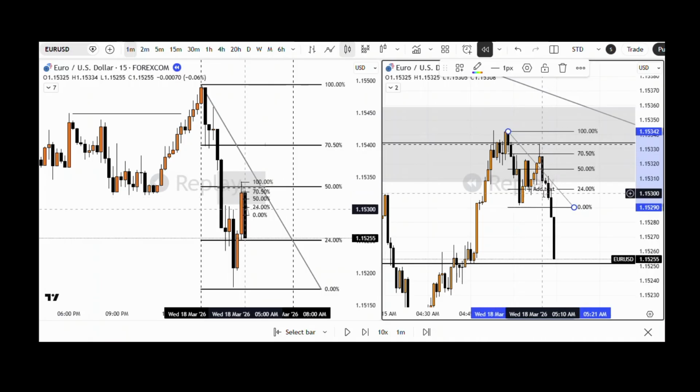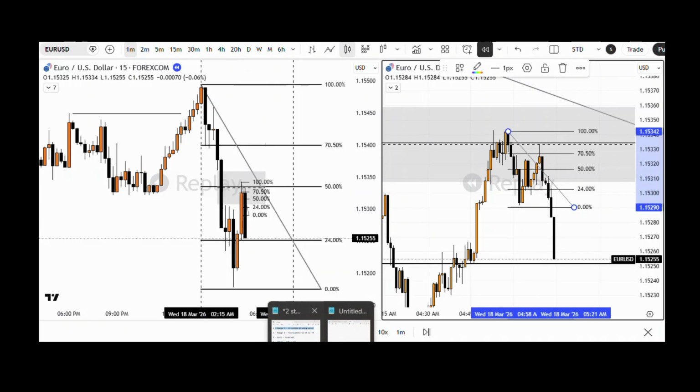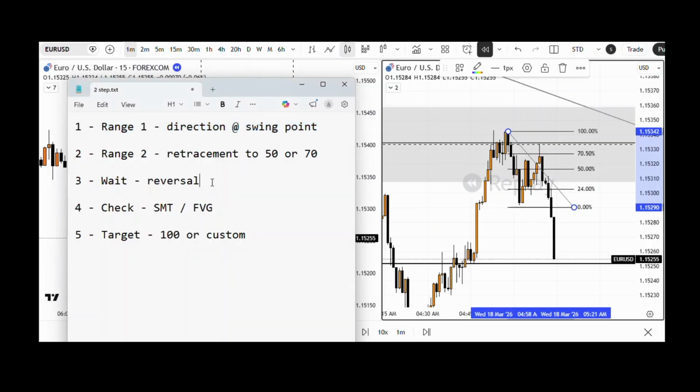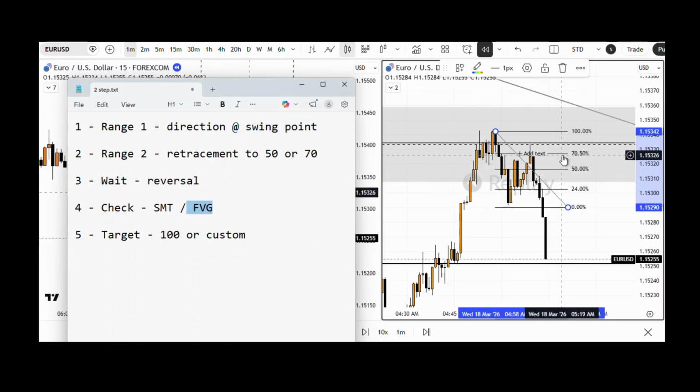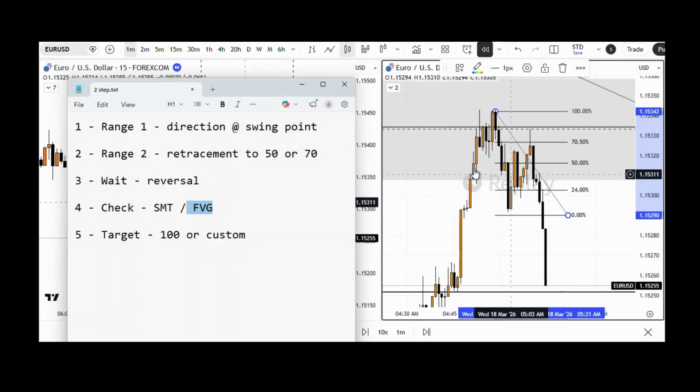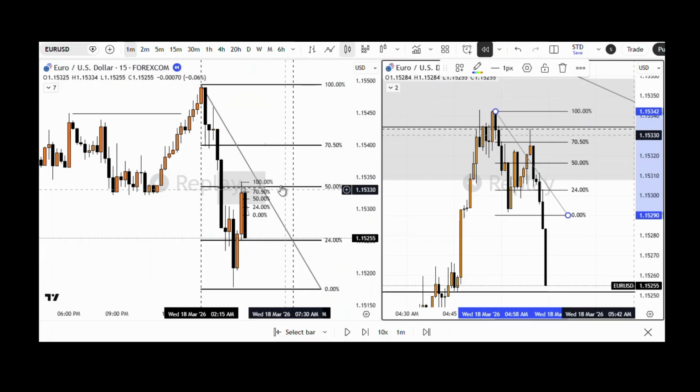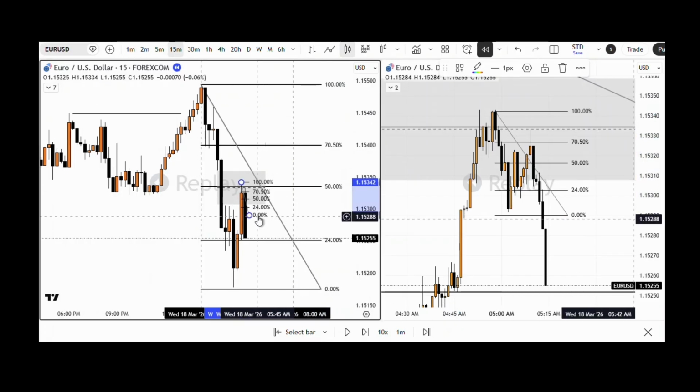Yes, we've reversed technically. Okay, so we wait for the reversal, which we look for on the lower time frame. We have a fair value gap. I think even on the 1 minute we have a fair value gap. Yeah, I believe a small fair value gap right there. But again, no SMT. So I wouldn't take this trade.